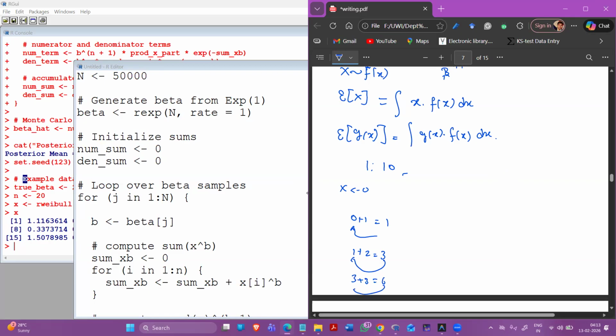Then 6 plus 4 is 10, and this 10 will replace this 6, and then 10 plus 5 equals 15, and so on. That's how you do it. So you need to start from 0, right? Correct or not? Right.